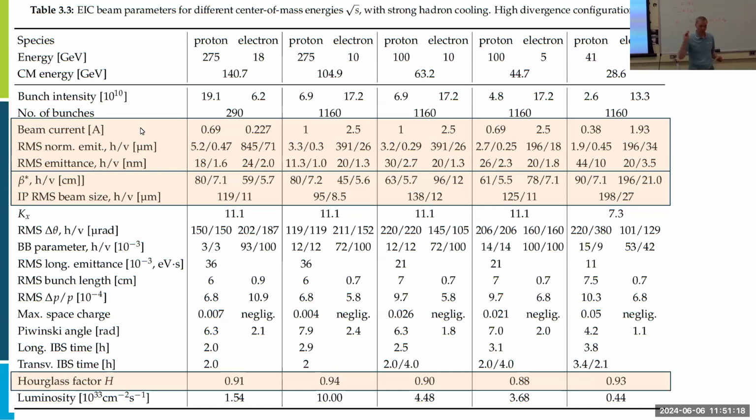So the detector folks somewhere who are working on the detector for the EIC, you better be ready because the collisions are going to be happening at 100 megahertz. Of course, they are producing a lot of garbage because the cross sections you are interested in are quite small.